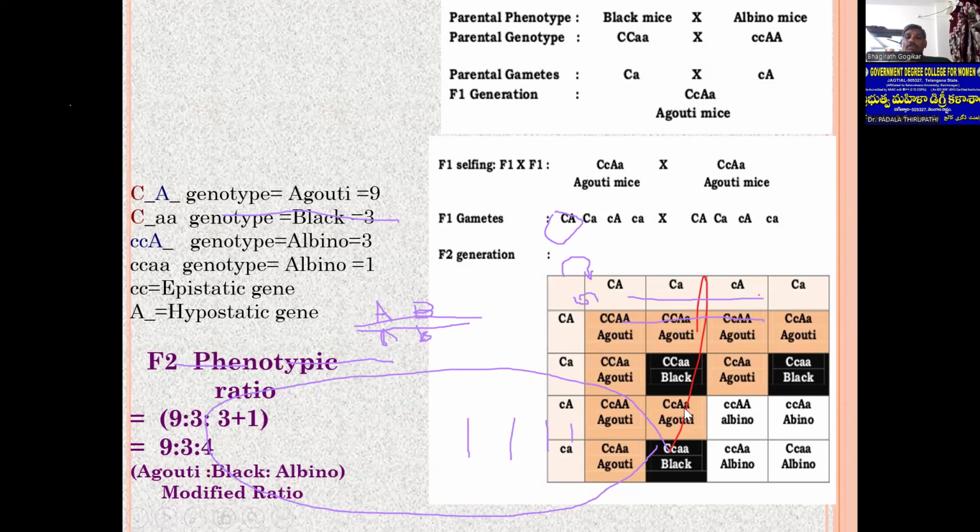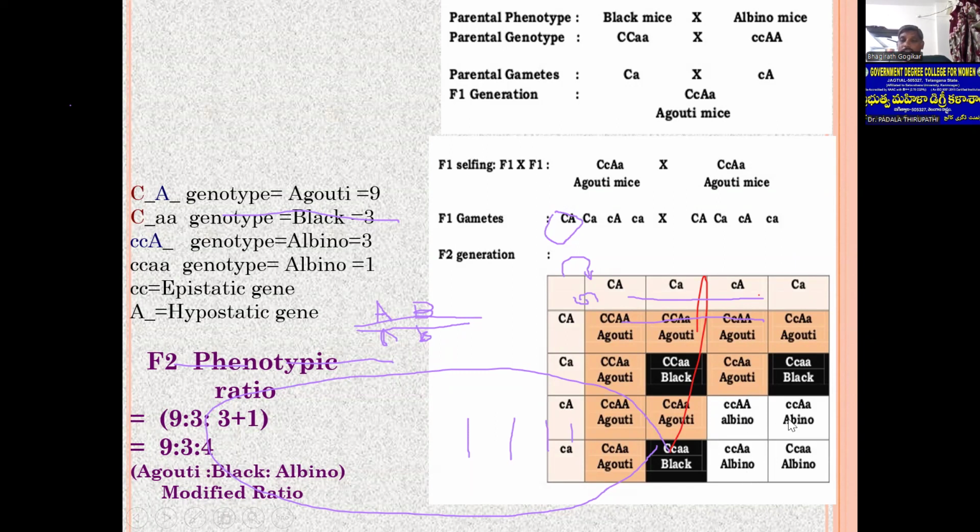See this checkerboard. Both the genes are available, capital C and capital A, that determine the agouti character. In the absence of capital A, the capital C gene expresses freely and determines the black color in the coat. Just observe these last 4 small square boxes. Here small c, small c, small a, small a is albino.